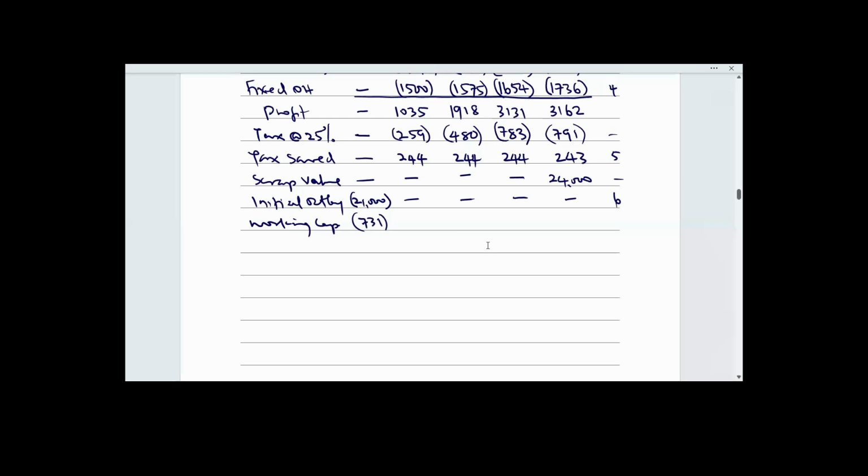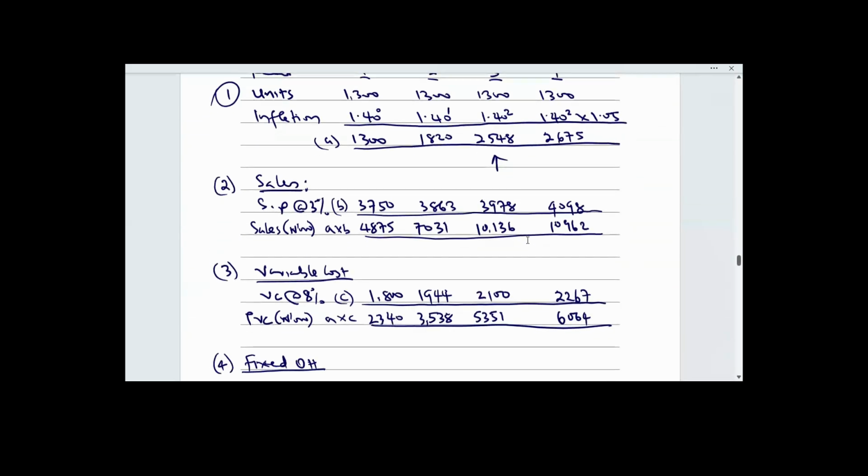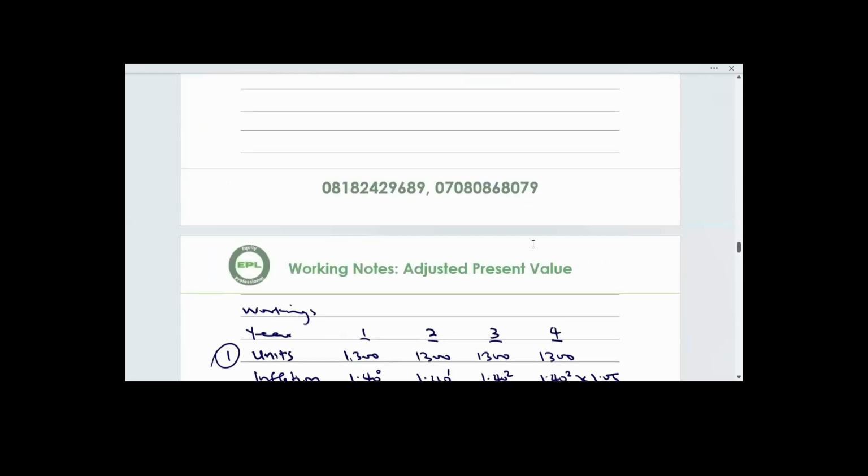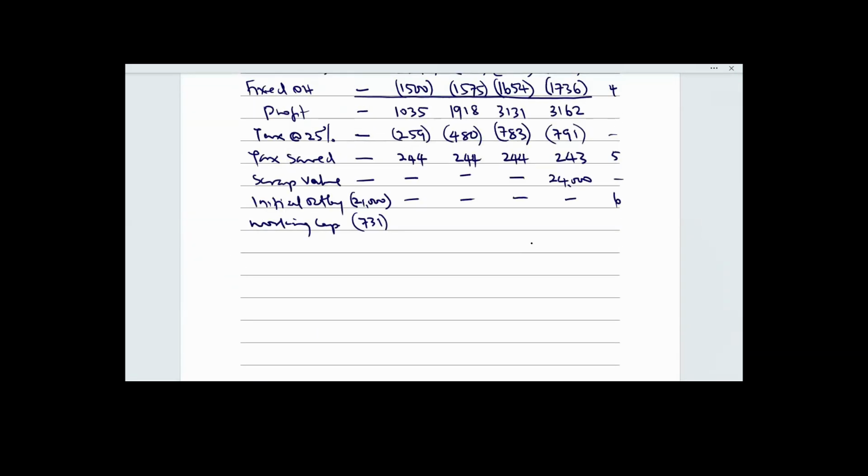What's the second year working capital? 324, then 465, then 124. Is it 465? Yes, 465. Then 1644. Working number 7. So at this point, we need to get the net cash flow.